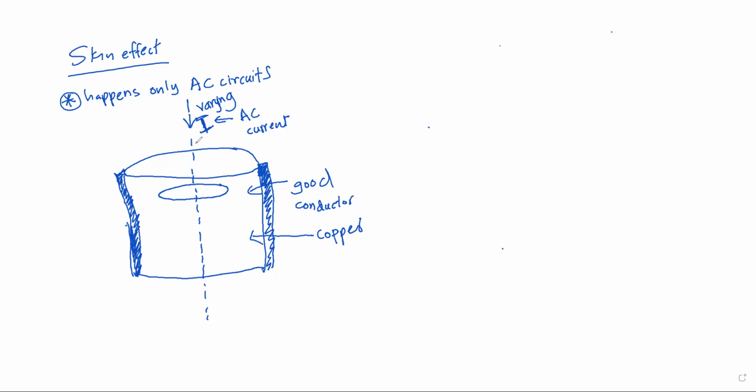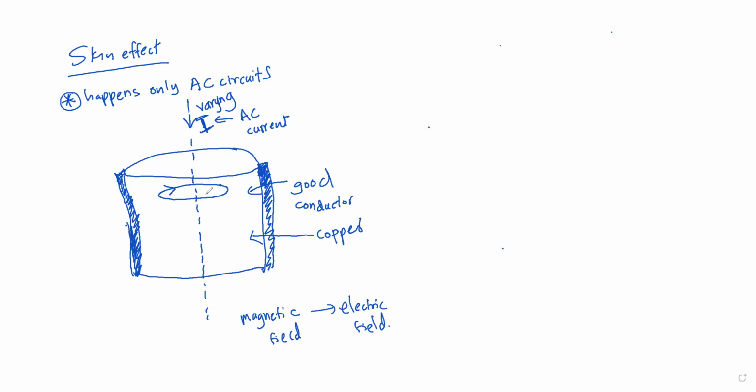So we can consider the center of the conductor first. Once I consider the center of the conductor, the magnetic field that is generated will be generated like this. And as you know, a magnetic field creates an electric field, right?